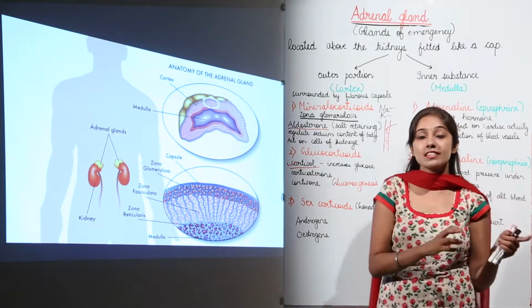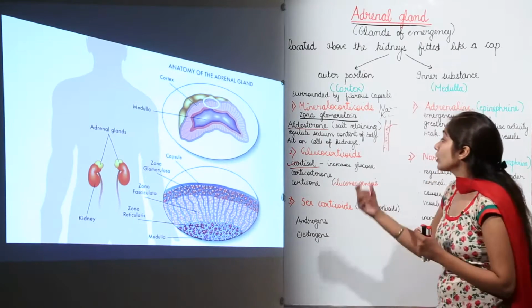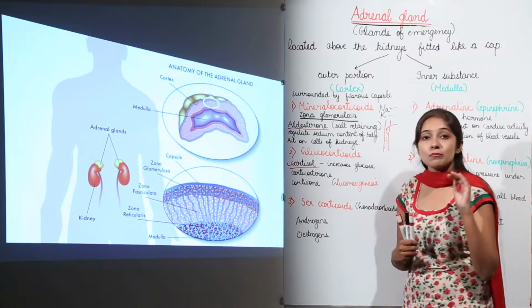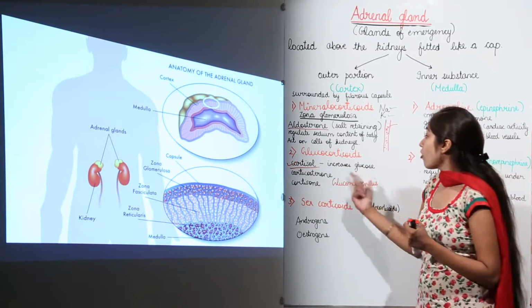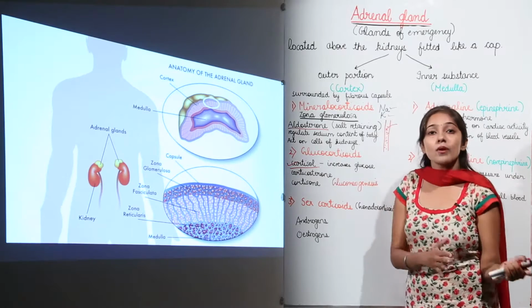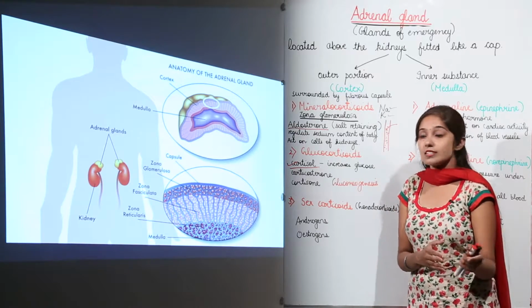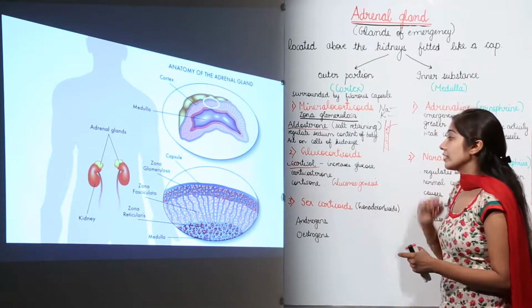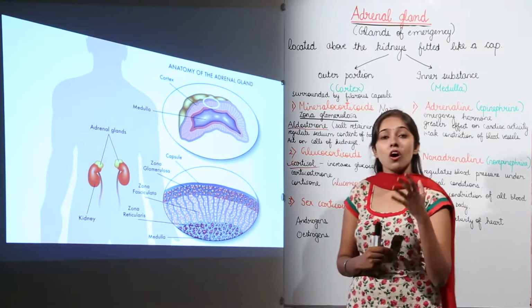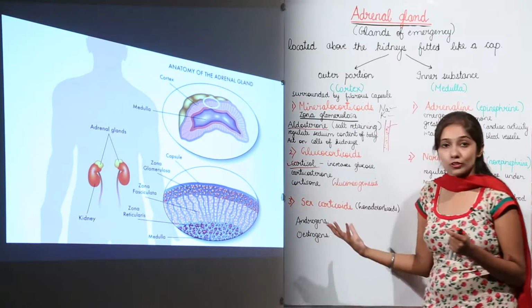Example is proteins and fats. So the glucocorticoids are going to stimulate the liver to form glucose from non-carbohydrate sources by the process that we call gluconeogenesis.